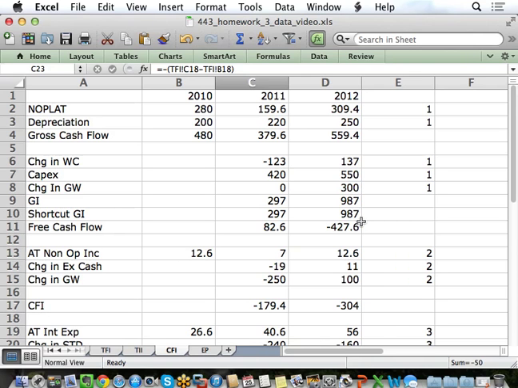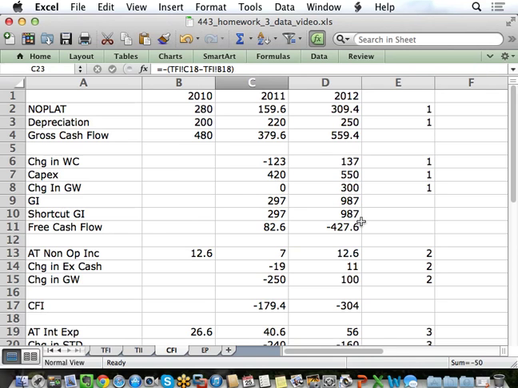Well, it's getting 82.6 of free cash flow that's positive because the gross investment is less than the gross cash flow. They didn't spend as much on CapEx, and they didn't make an acquisition. And they saved money in working capital. So their gross investment was much lower than their gross cash flow, and their free cash flow was positive.